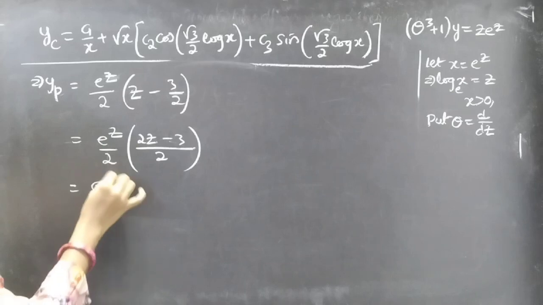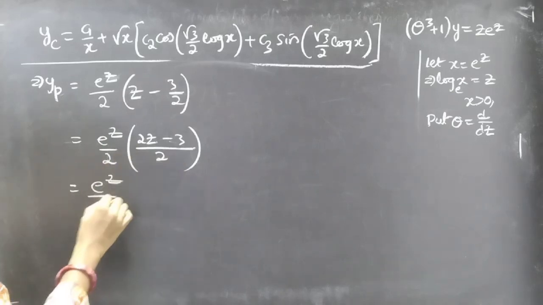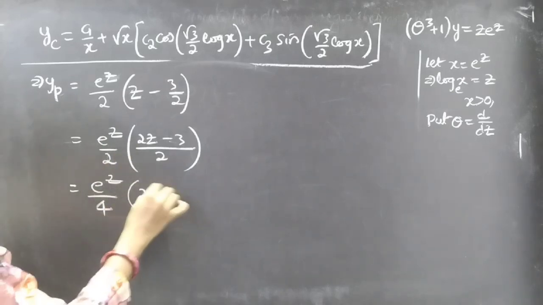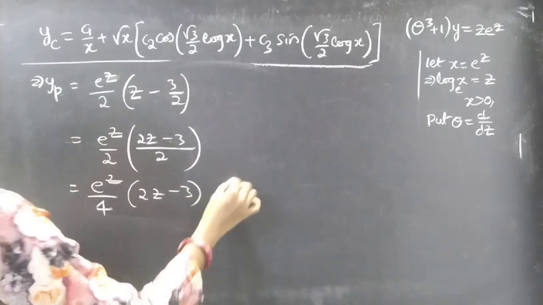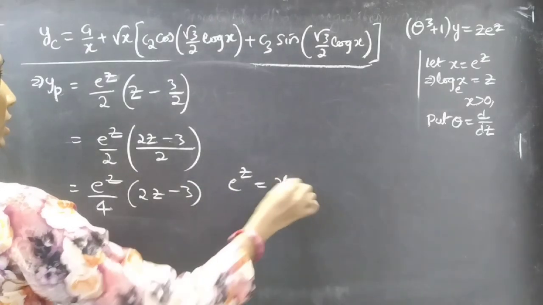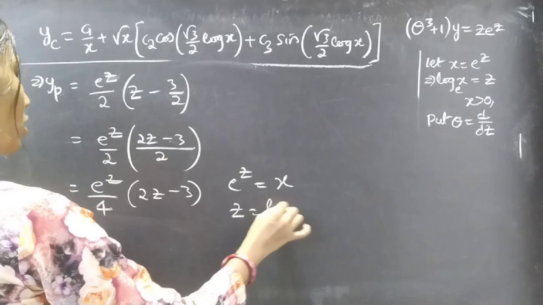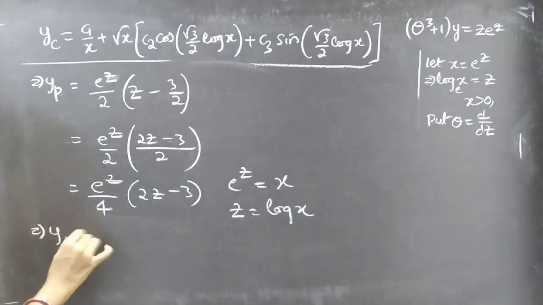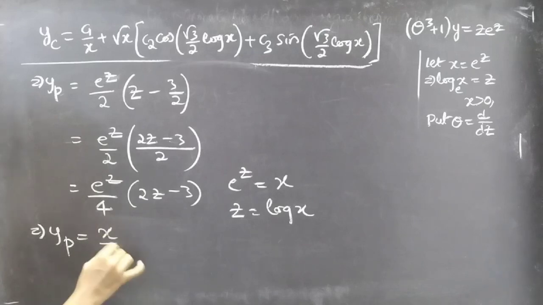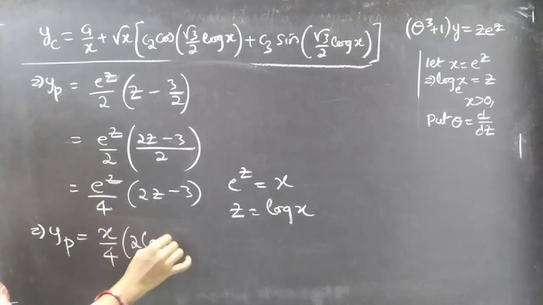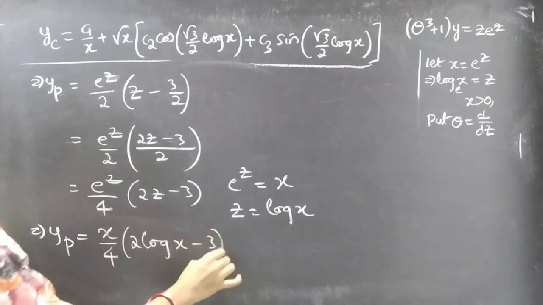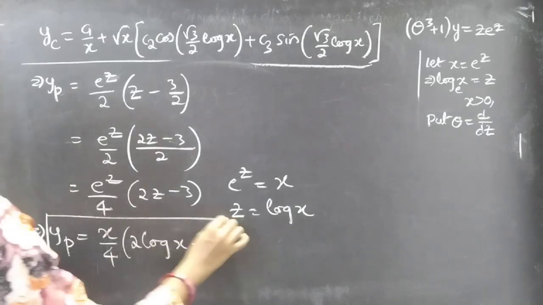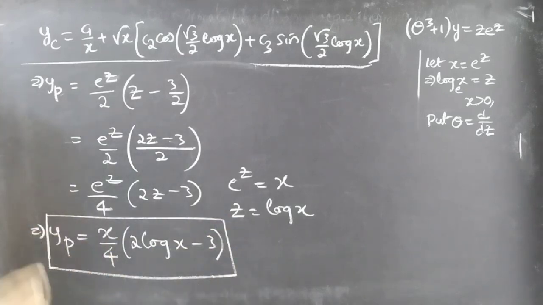This equals e power z by 2, 2 twos are 4, into 2z minus 3. Now just replace e power z by x and z by log x. Then we'll get yp equal to x by 4 into 2 log x minus 3. This is our required yp.